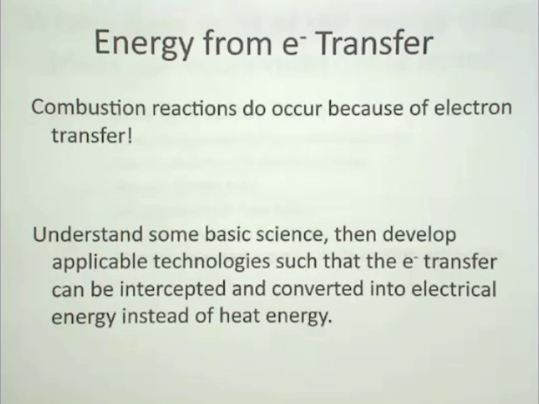So we lose efficiency. Because people have come to understand this concept of electron transfer on a fundamental level, they can bypass the heat part of the energy transfer and go directly from electron transfer, which is considered a chemical energy, to electrical energy.